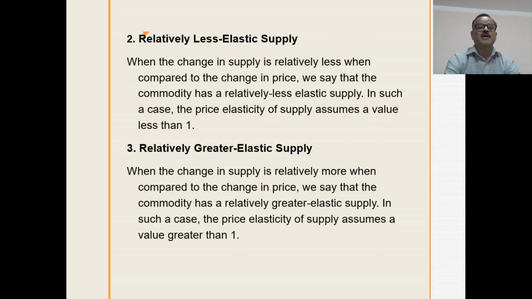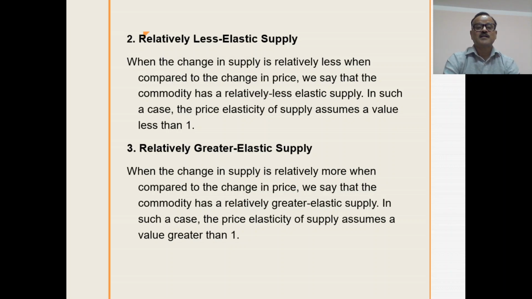Relatively less elastic supply. When the change in supply is relatively less when compared to the change in price, we say that the commodity has relatively less elastic supply. In such a case, the price elasticity of supply assumes a value less than 1. Relatively greater elasticity of supply. When the change in supply is relatively more when compared to the change in price, we say the commodity has relatively greater elastic supply.